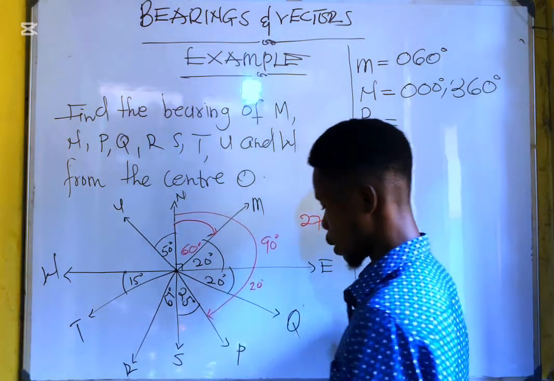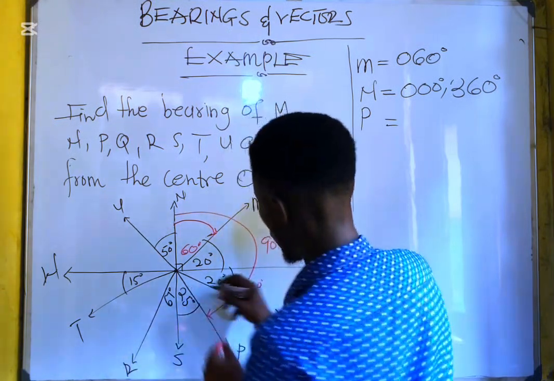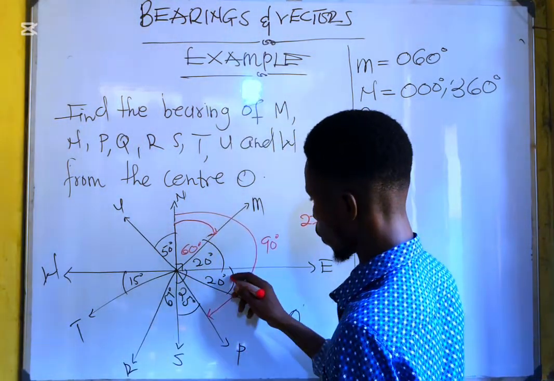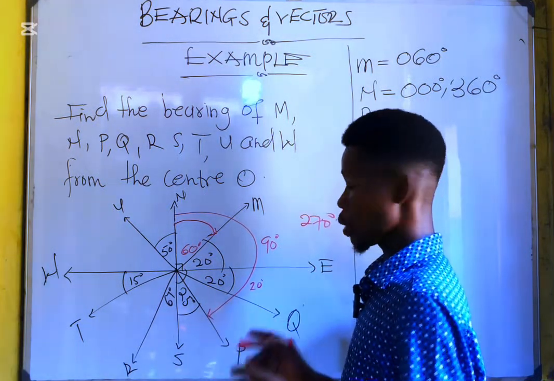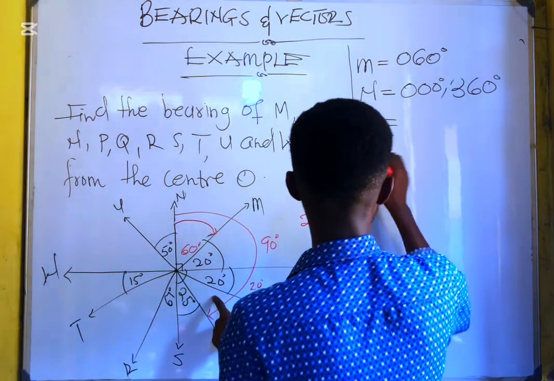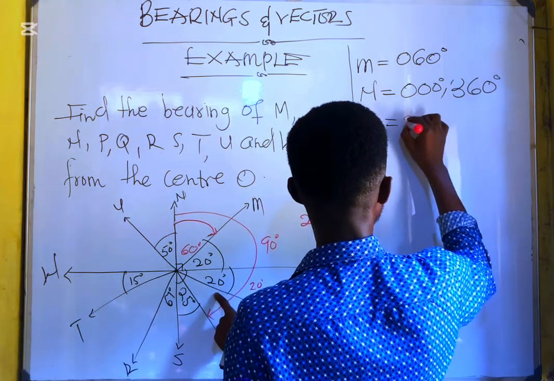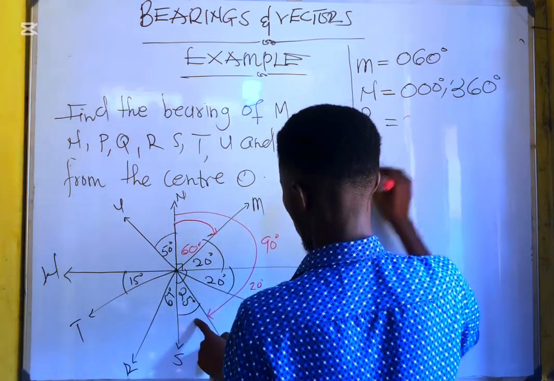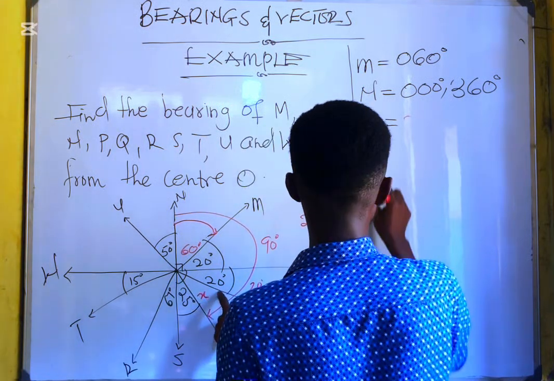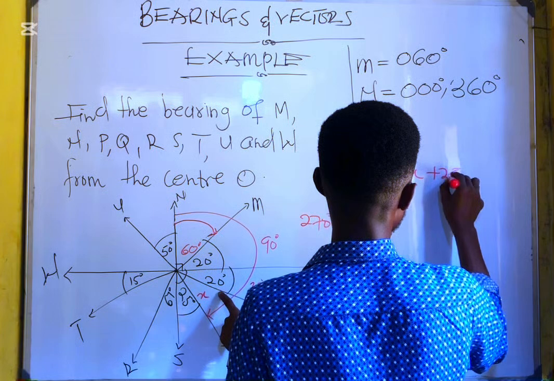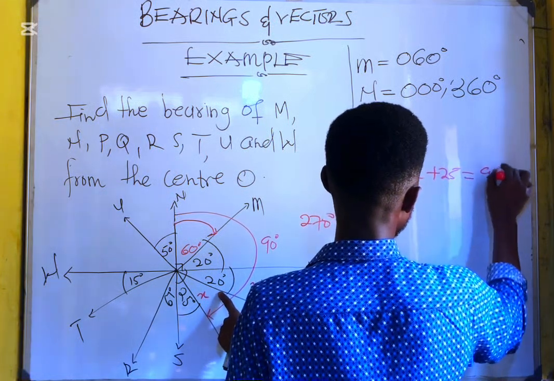So what we are going to do is that we know that the whole of this place is 90. The whole of this place, 1, 2, 3, is 90 degrees. So 1, 2, 3 is 90. We know that. So let me do it down here. Let me represent here by x. So we have 20 plus x plus 25 equals 90 degrees.